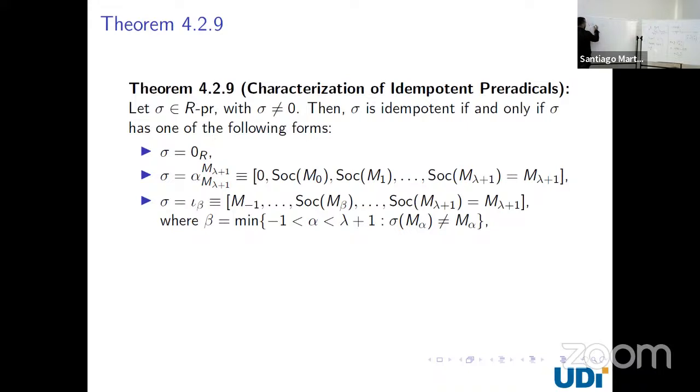We're going to send the first one to the first one, the second one to the second one, until here, where it starts with the sublaw. So instead, sigma is applied to the sublaw, and we just have the sublaw. The last one, sigma of m lambda plus 1, since this is projective and simple, its sublaw is just itself. So we're going to have this one, m lambda plus 1.